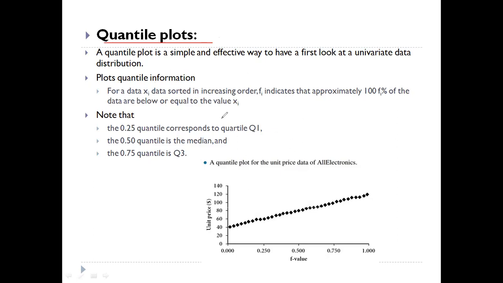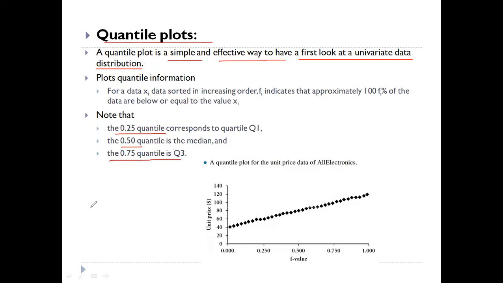What is a quantile plot representation? A quantile plot is a simple and effective way to have a first look at the univariate data distribution. This plot has Q1 as 0.25, Q2 as 0.50, which is also the median, and 0.75 as the quantile. Quantile in the sense, as we already discussed earlier.